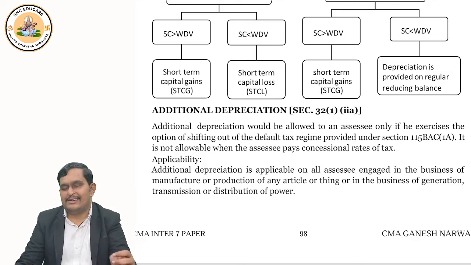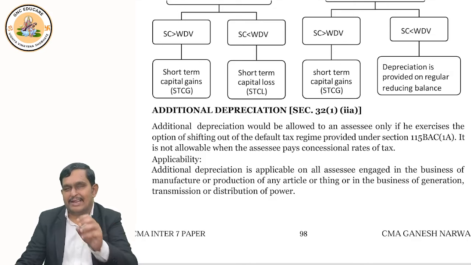So if the assessee is purchasing plant and machinery and is engaged in manufacture, production, or process, or the assessee is engaged in generating, transmitting or distributing power, then definitely they can claim additional depreciation.